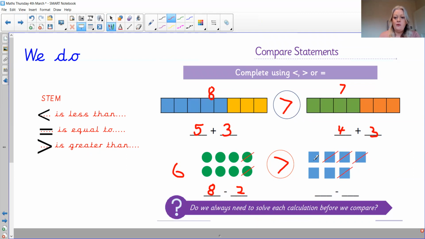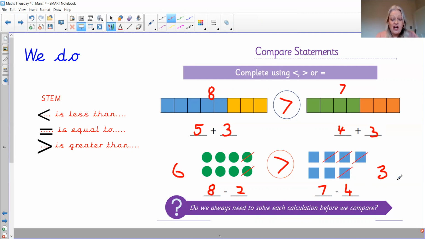How many do we have together? 1, 2, 3, 4, 5, 6, 7. 7. And how many have been crossed out? 1, 2, 3, 4. 7 take away 4. 4 less, count back. And you can see from the picture it is 3.